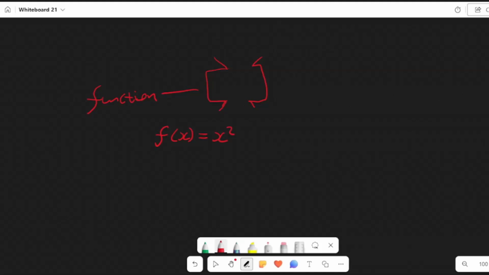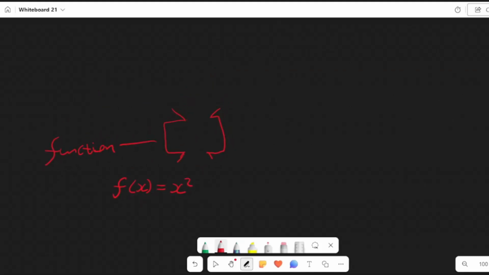You can imagine this to be our machine here, but this time what it does is that it transforms any value that we put into it by squaring that number. So that's what f of x equals x squared means. It means for any arbitrary input x that we choose, it will just spit out an output x squared.